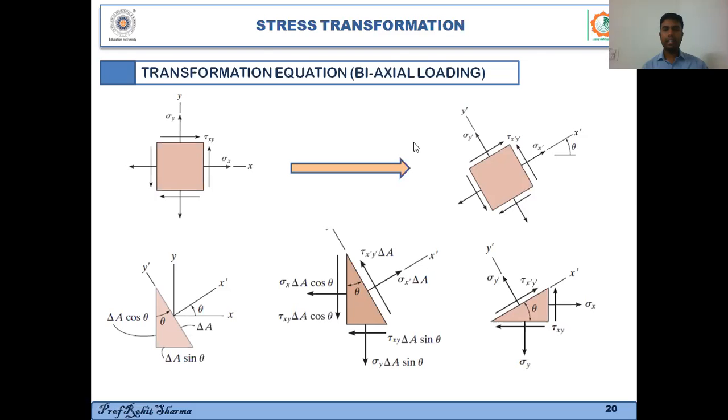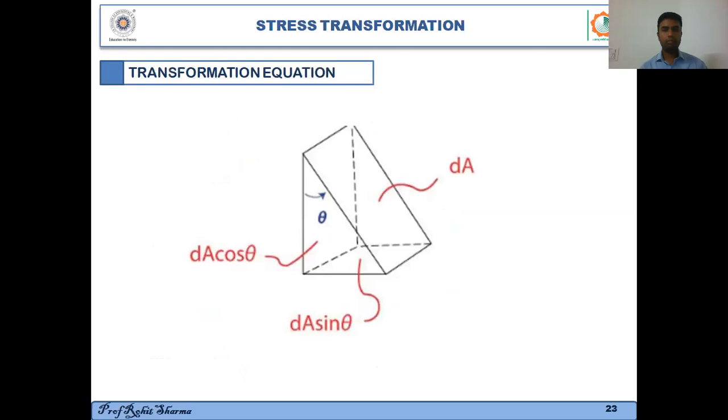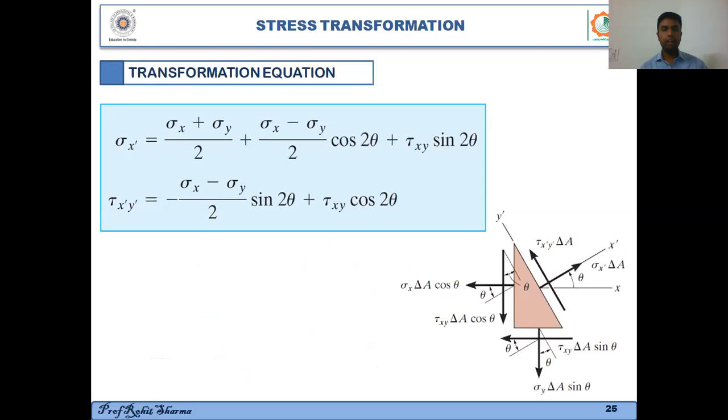It means that if you change the orientation, the stresses will change. Like in the case of uniaxial loading, when you changed the direction of the cut, the stresses on the plane of the cut were changing. We have already derived expressions for these stress transformations in the class, and we called them stress transformation equations. So I'll just go to the stress transformation equations for the case of biaxial loading.